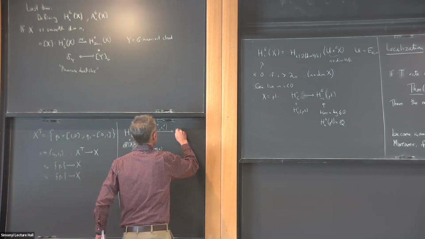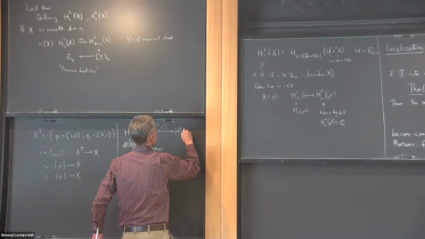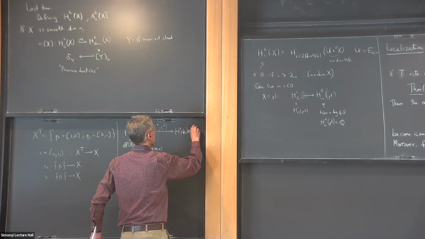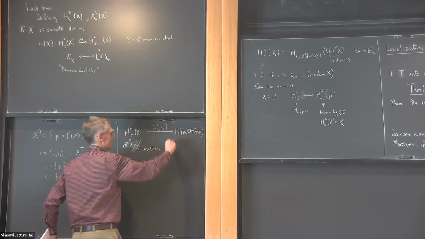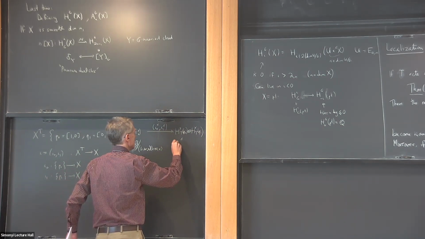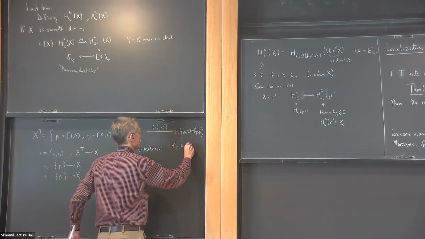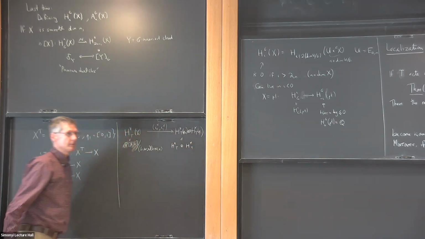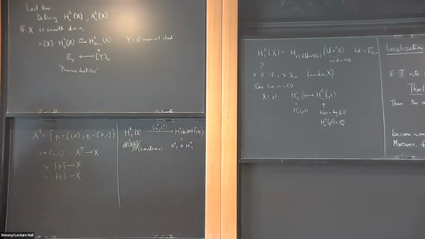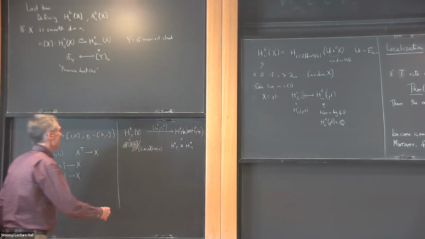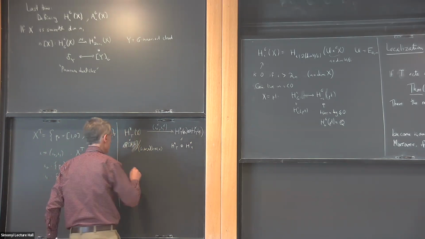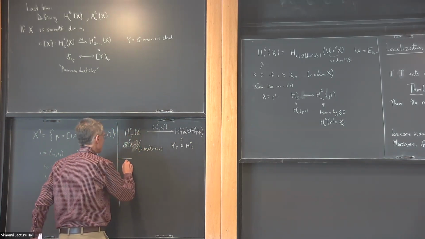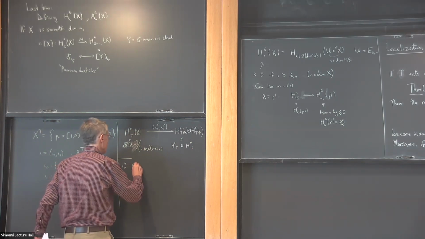And so what we're going to get here is H star T of p0 plus H star T of p1, which is just H star T plus H star T, because p0 and p1 are points. So now I have to compute what I naught star and I1 star are. Both of these are ring homomorphisms. So let's just focus on I0. Of course, I1 will be exactly the same. So I naught star, well, it's a ring homomorphism.